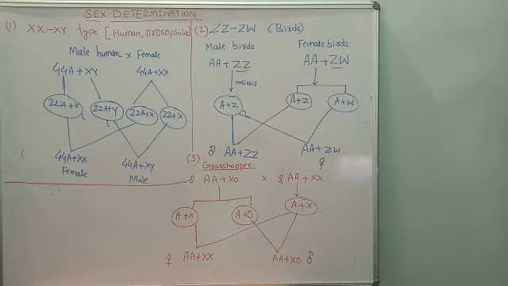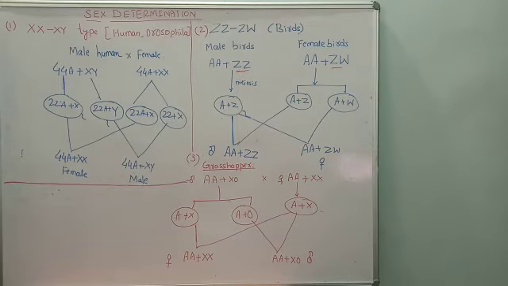Similarly, 22 autosomes plus X of the male, if it fuses with the X chromosome of the ovum, a female child is going to form. Thus, this is the problem of XX XY type of sex determination we come across in humans.